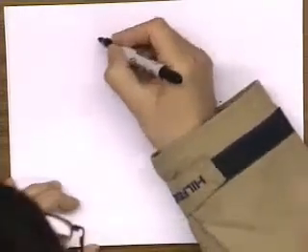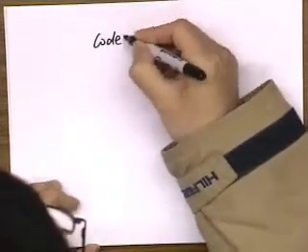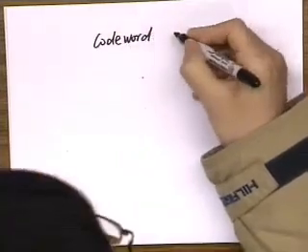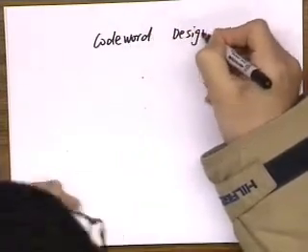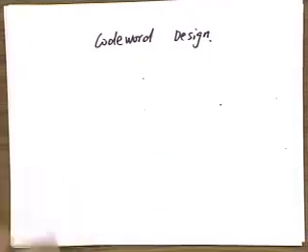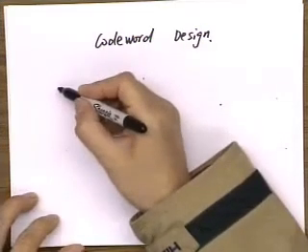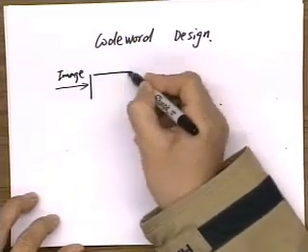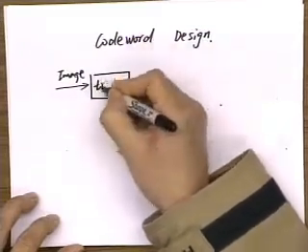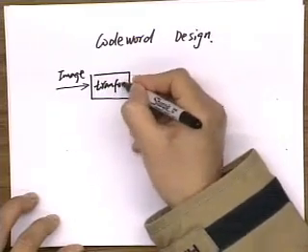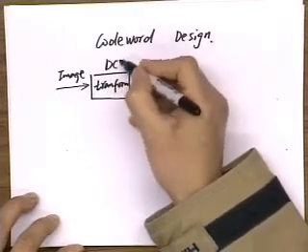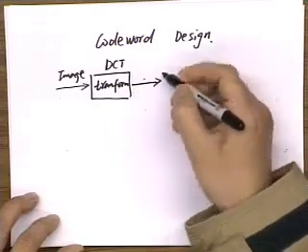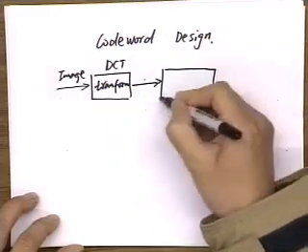Okay, now I'll talk about the code word design. The problem the code word design has to solve is as follows. Here is our image coding system. We have an image, and we apply some transform, generally DCT, and we get some values, and we need to quantize them.